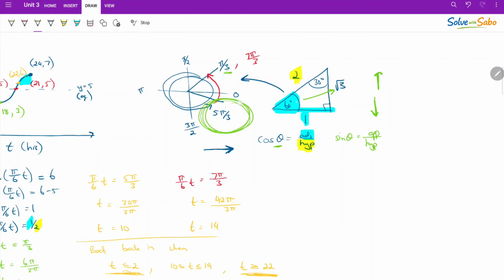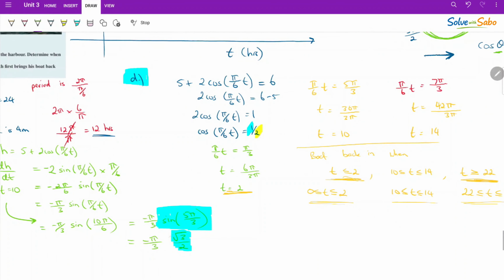Well, we're down here at 5 pi on 3, so that's a lower quadrant, which means we are at negative root 3 on 2. And of course, we can multiply things, cancel some things out, and my negatives will cancel out as well. So what we're going to have is pi root 3 on 6. So dh/dt is equal to pi root 3 on 6.